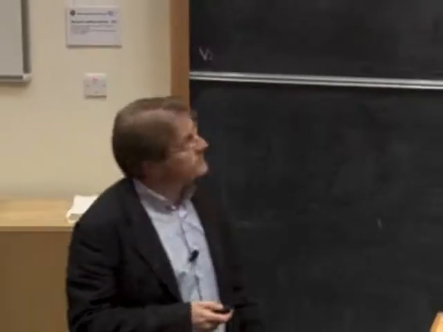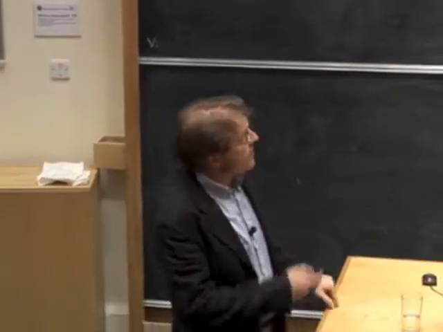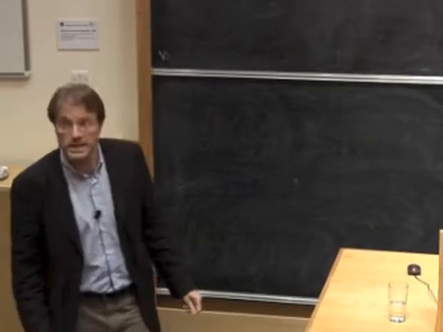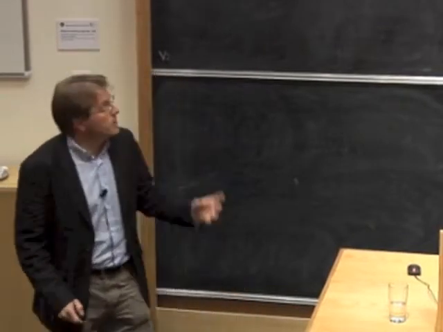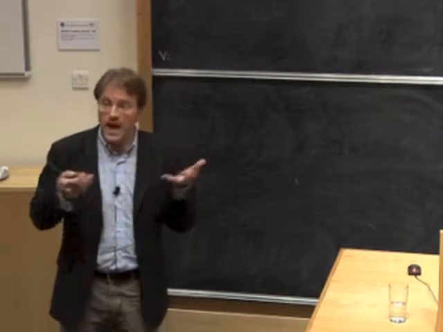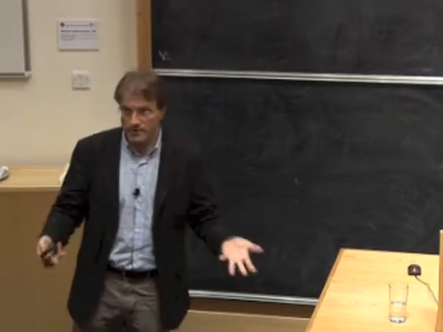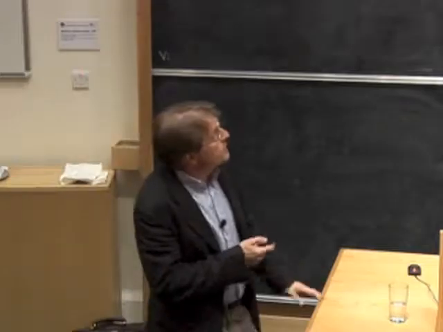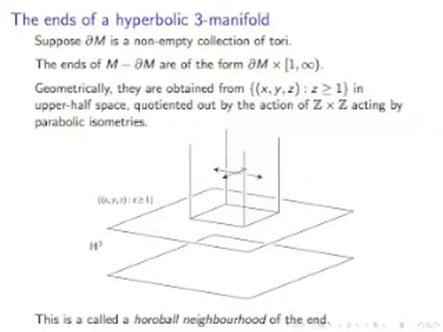So to really understand their theorem and where this number 48 comes from, you have to understand the geometry of the ends of the manifold well. So what does the end of a hyperbolic 3-manifold look like? Suppose I've got a 3-manifold M whose boundary is a non-empty collection of tori, and suppose I've got a hyperbolic structure on it.